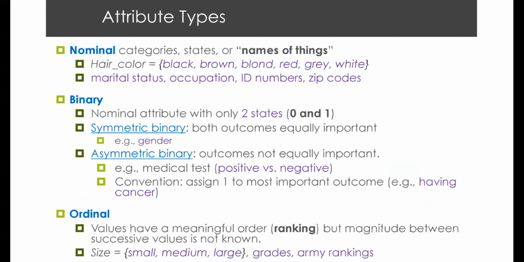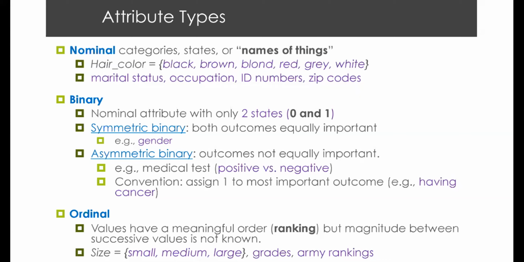Nominal means category, like parts of speech, names. Similarly, in the attribute types, nominal attribute type is names of things, or states of things, like hair color: black, brown, red, gray, white; marital status, occupation, ID numbers, and zip codes.